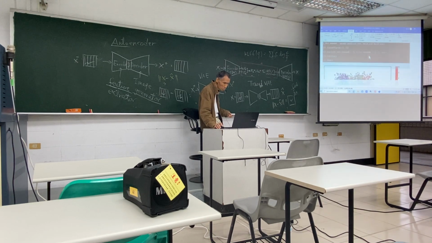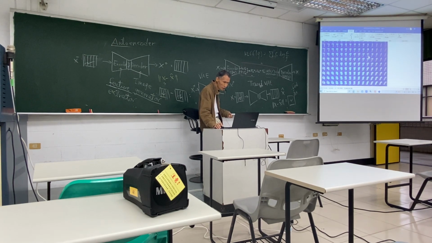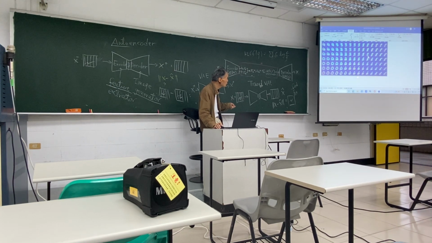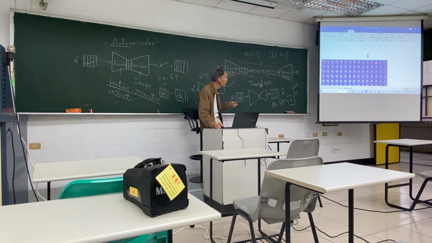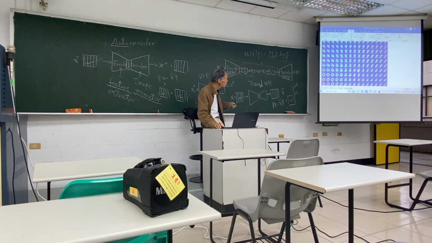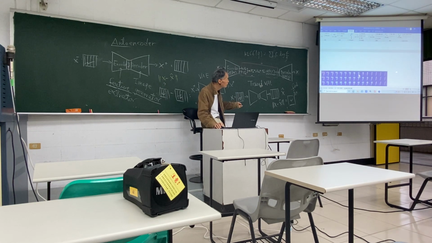So that's some details. And this example shows you what you can do if I change Z1, Z2. You can rotate the handwritten digit, see that? By changing the latent variable, some will represent the orientation, and some will represent the digit shape.